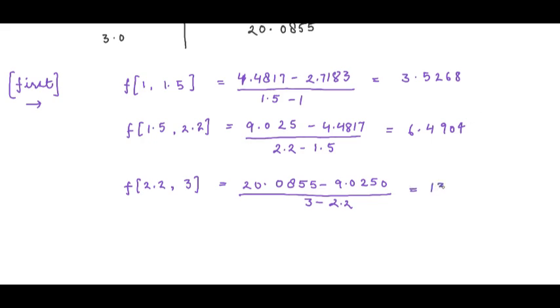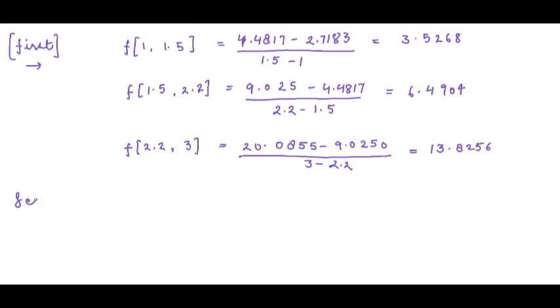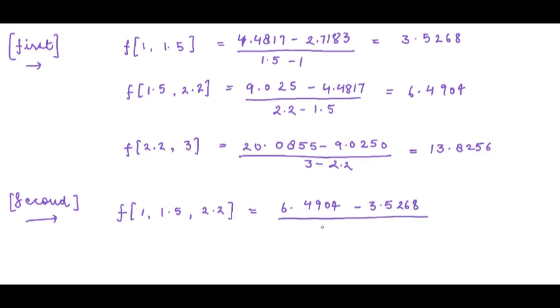And now comes the second divided difference, where we have f[1, 1.5, 2.2] as (6.4904 minus 3.5268) divided by (2.2 minus 1), which gives 2.4697.